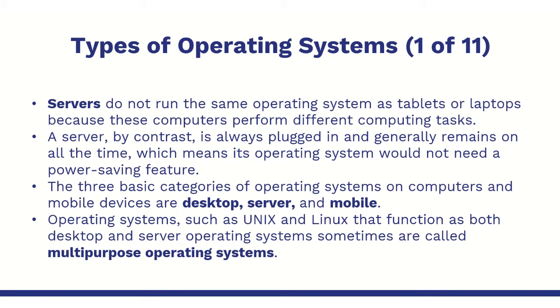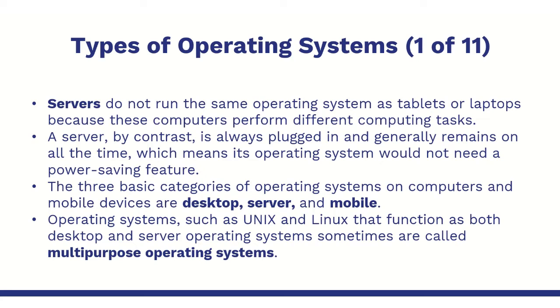You can have multiple types of operating systems. You can have servers that do not run the same operating system as tablets, laptops, or smartphones, because these computers perform different computing tasks.